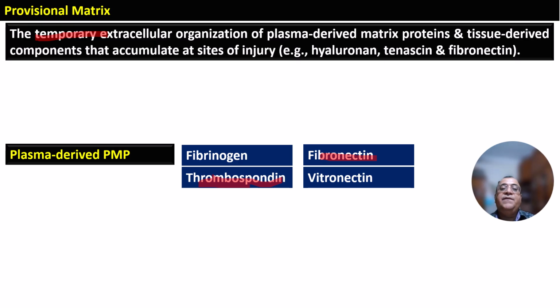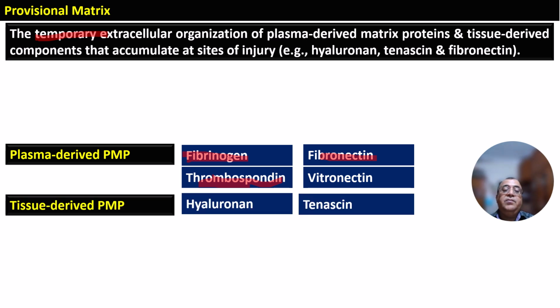The insoluble fibrin is generated through the clotting cascade from fibrinogen, and the tissue-derived provisional matrix proteins are hyaluronic acid and tenascin.